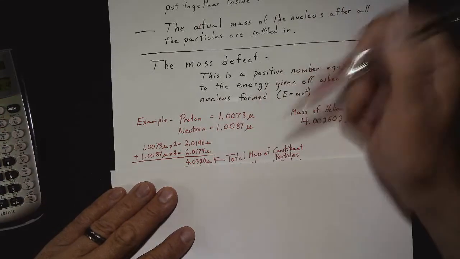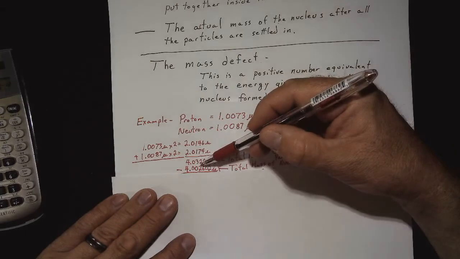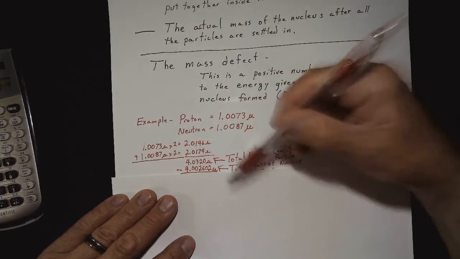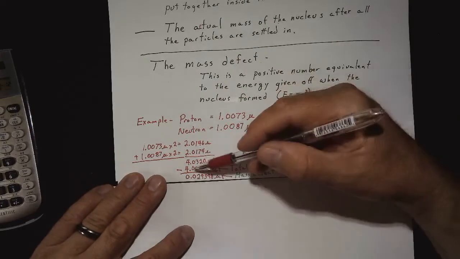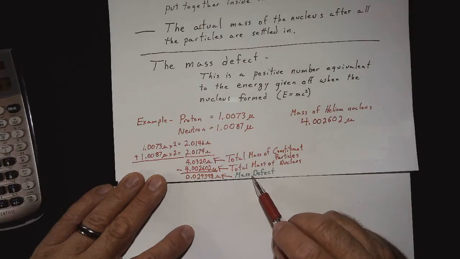But when I take the mass of the helium nucleus, it's a smaller number. That's the total mass of the nucleus. When I subtract, the number I get right here is the missing mass, known as the mass defect.